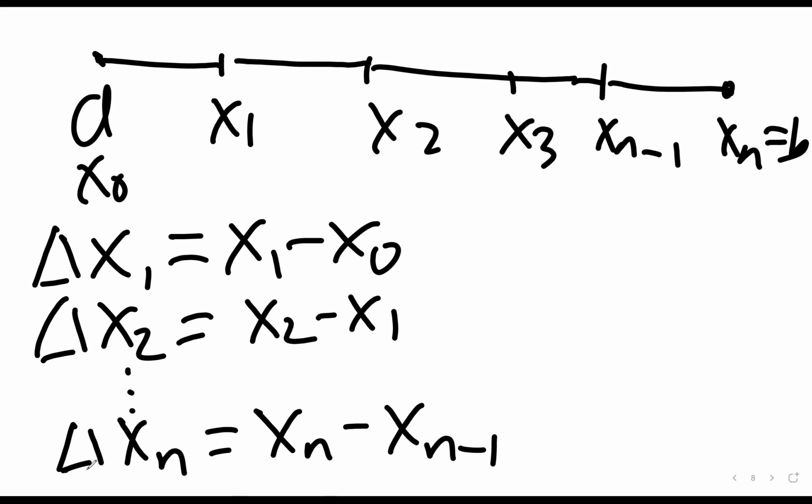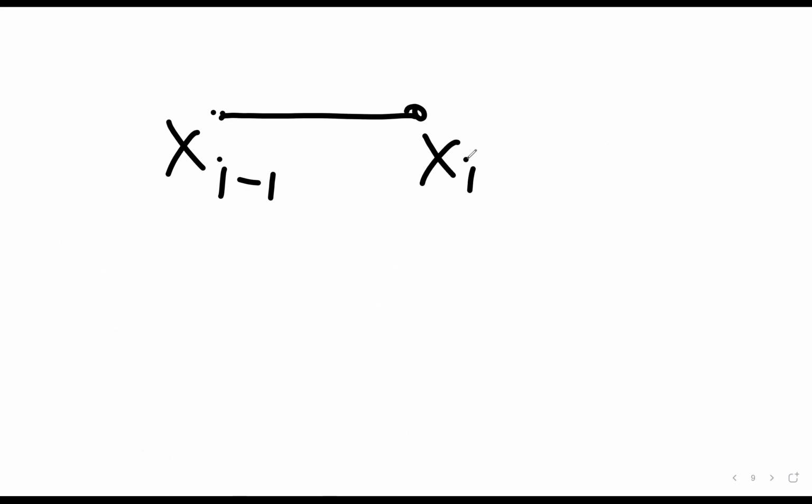So in this case, the length of the subinterval will be the width of the rectangle. Now we will choose the height of the rectangle as follows. Consider a particular interval, let's say [xi minus 1, xi].